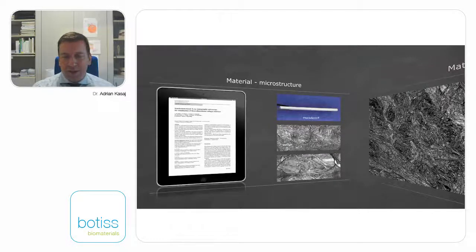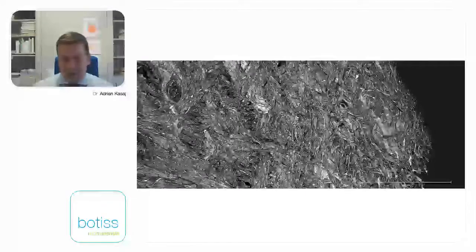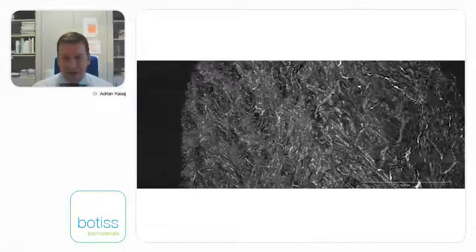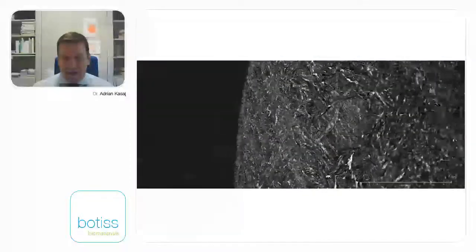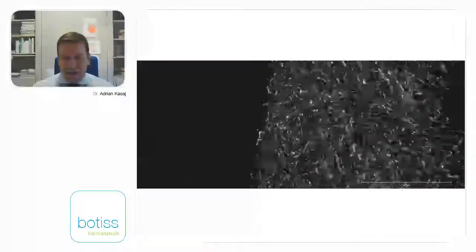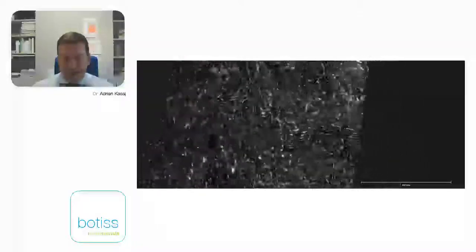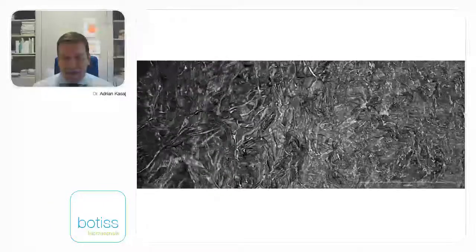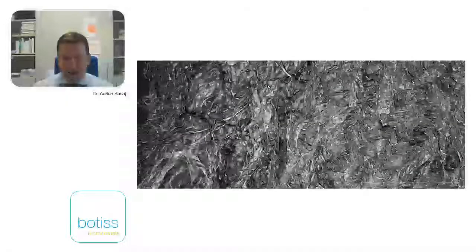structure. So during the turning of the mucoderm matrix, you can see the preserved collagen fibers and bundles. You can see the preserved vascular channels, and this matrix can be remodeled into existing host tissue.